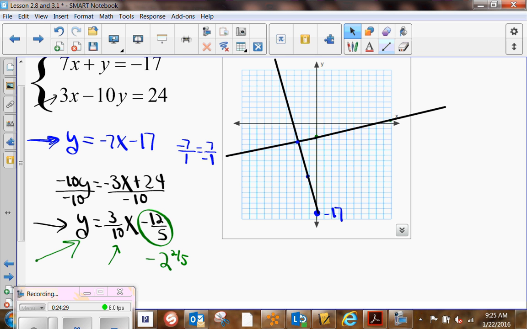That point is at negative 2.5, and then down 1, 2, 3.5. Okay.